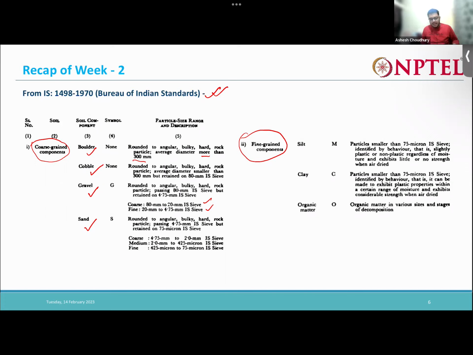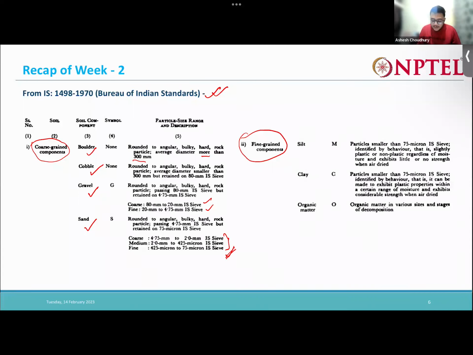And again, we have sand. Sand is the fraction passing through 4.75 mm but retained on 75 micron sieve. Sand is classified into three subgroups: coarse, medium, and fine. We can see the size distribution here; I am not repeating it.